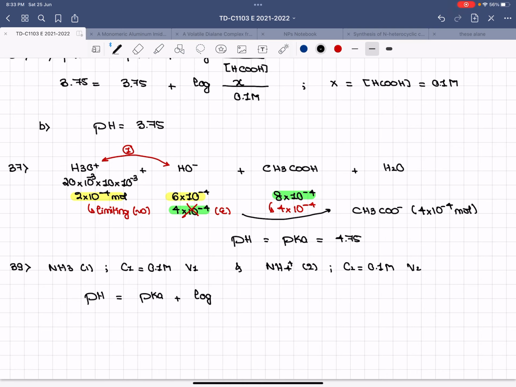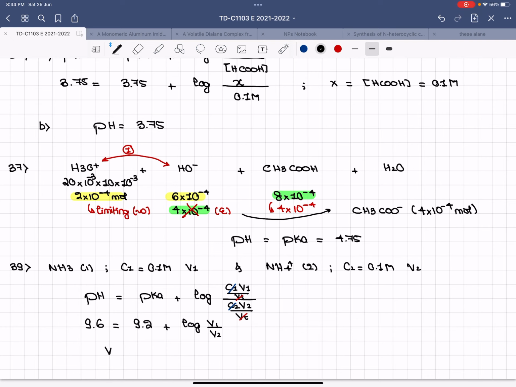The concentration of NH3 is C1 V1 divided by V total, divided by the concentration of NH4 plus, which is C2 V2 divided by V total. Remember, you can just cancel V total. The pH is 9.6, pKa is 9.2, log, C1 is 0.1, C2 is 0.1. Cancel V total with V total and C1 with C2. You get V1 divided by V2.